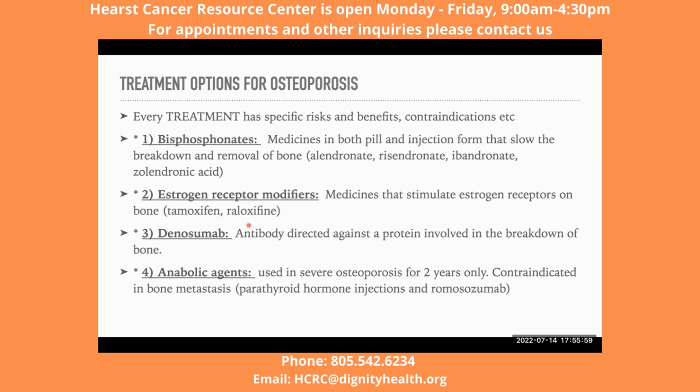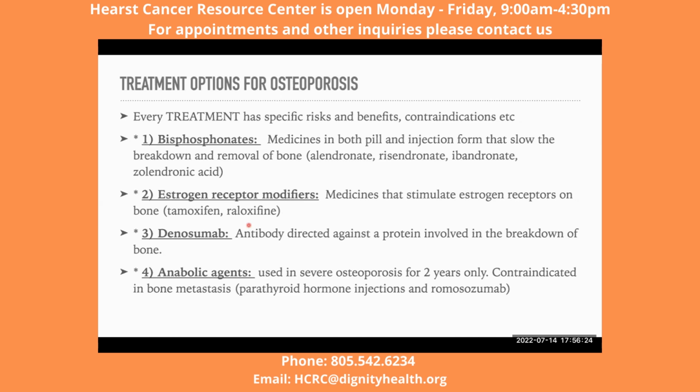In general, there are several medicines that can either minimize bone loss, which are called anti-resorptive medications, or those that can help increase laying down new bone, which are anabolic medications. Every medicine has its own specific risks and benefits. So it's important to note that what might be a good treatment for one person might not be appropriate for another.